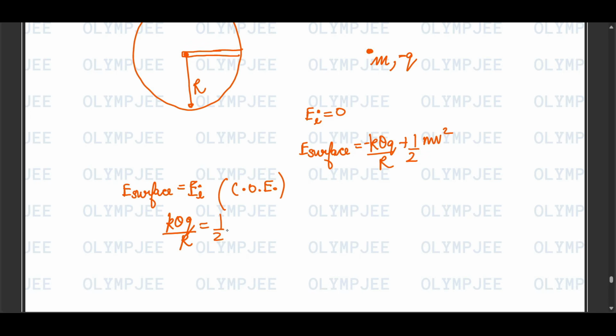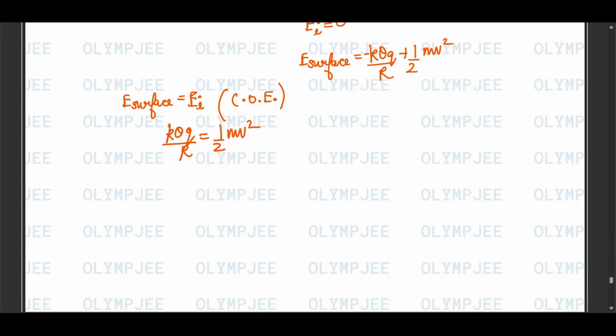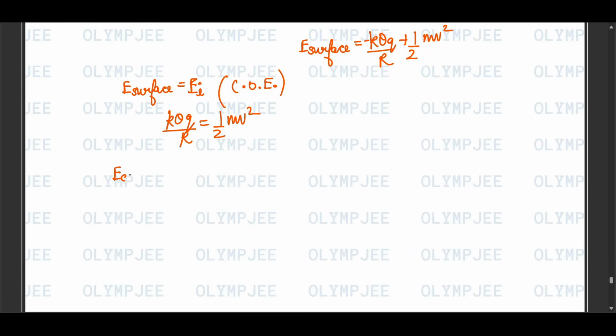So this is equal to this, and energy at center will be equal to the potential at center, which is given by 3 by 2 kq by r, multiplied by minus q plus half m v dash square. So this should also be equal to 0, right?